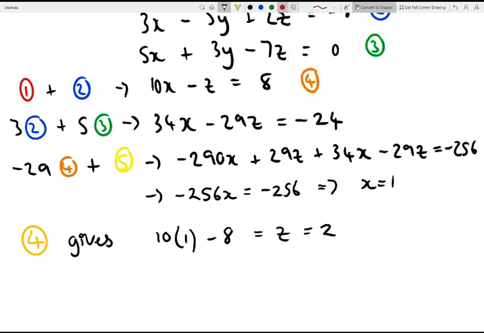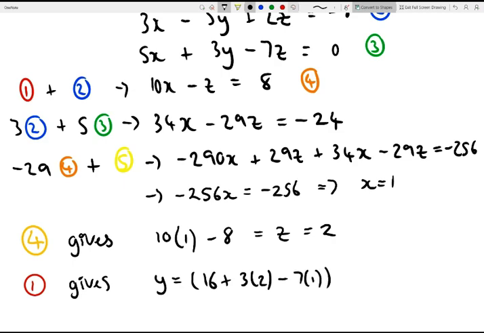And equation 1, now that we have z and x, gives us that y equals 16 plus 3 times 2 minus 7 times 1 all over 5, equals 15 over 5, which equals 3.